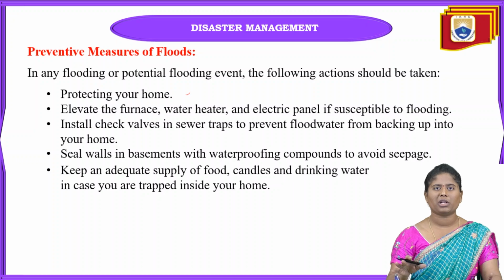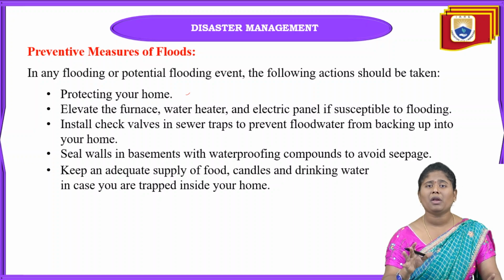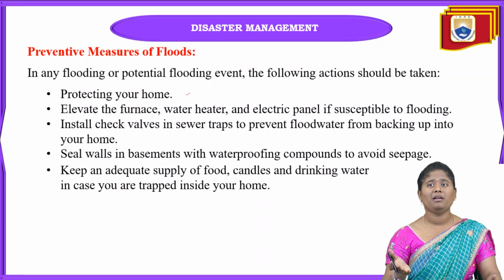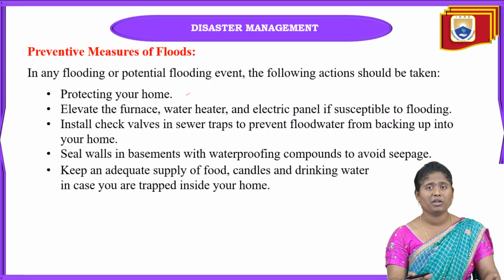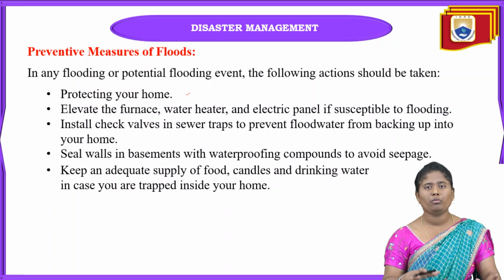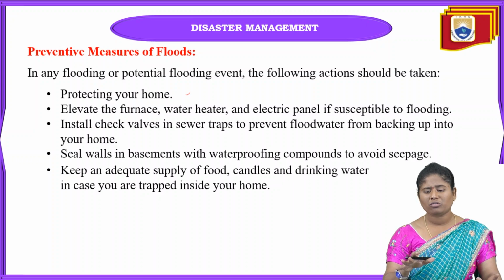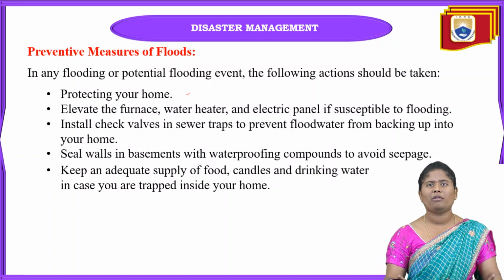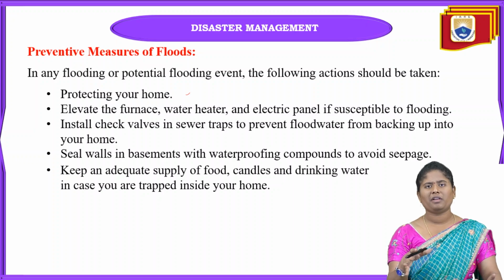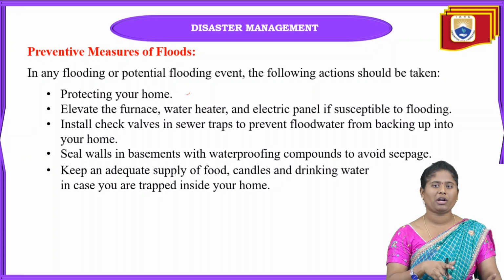We have to know that, and we have to elevate the water heater and electrical panel if the area is susceptible to floods. We also have to check the valves in the sewer traps, to prevent flood water from backing up towards your home. By preventing this, we can keep flood water from coming into our houses.